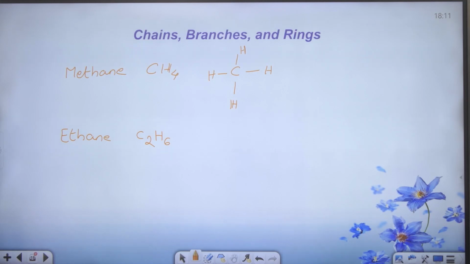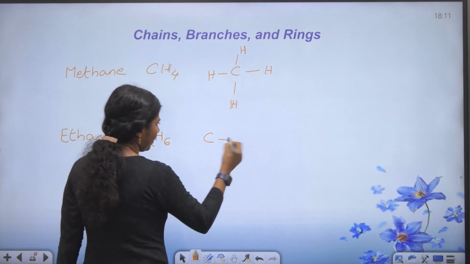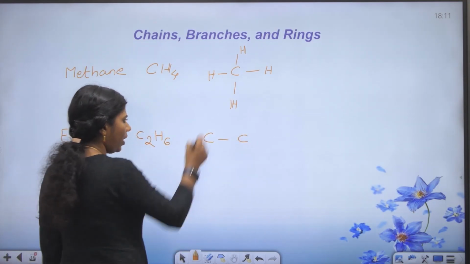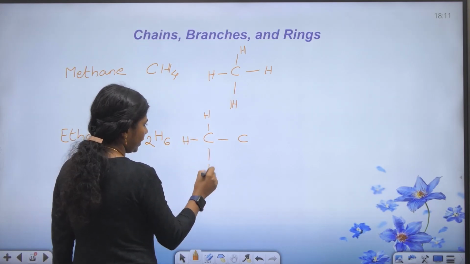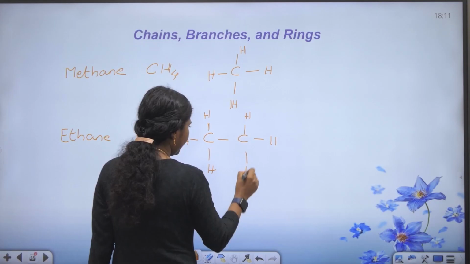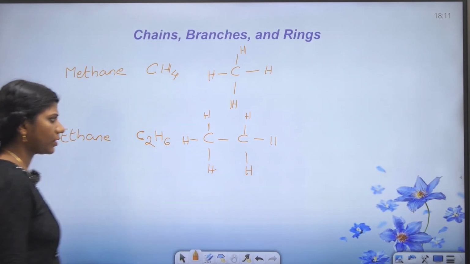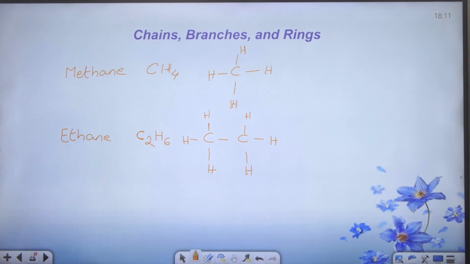Here, two carbon atoms are present with a carbon-carbon single bond, and each carbon atom is connected to 3 hydrogen atoms. This is the structure of the ethane molecule, C2H6.